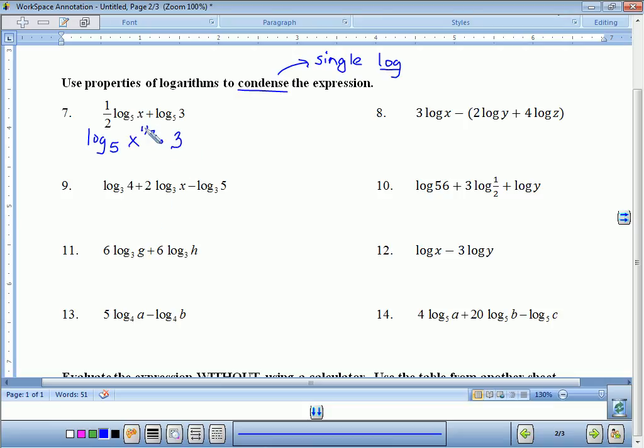Well, 1/2 power is the same as a square root. So we would write this as 3 times the square root of x. Right? 1/2 power is a square root. So let me draw the little line in here real quick.